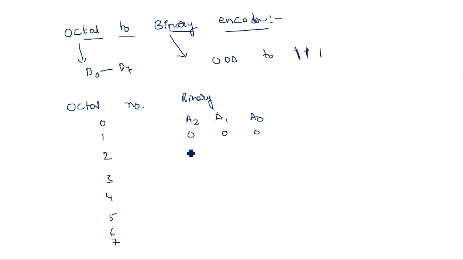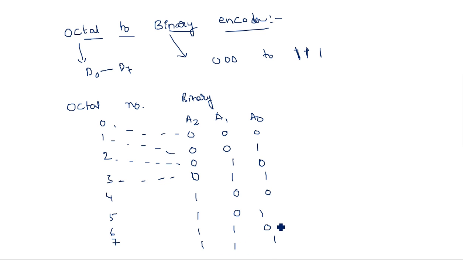So 0 means 000, 1 means 001, 2 means 010, 3 means 011, then 100, 101, 110, and then 111. So this is the truth table of the octal to binary conversion.